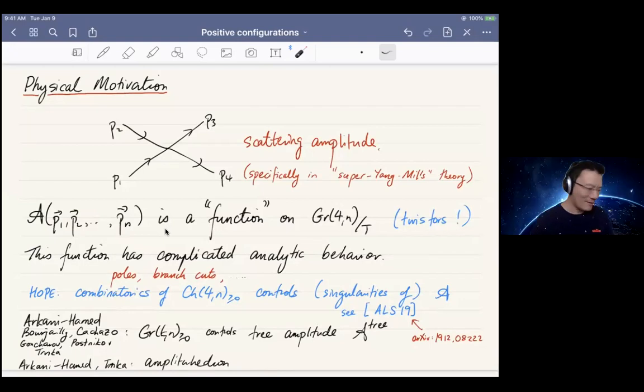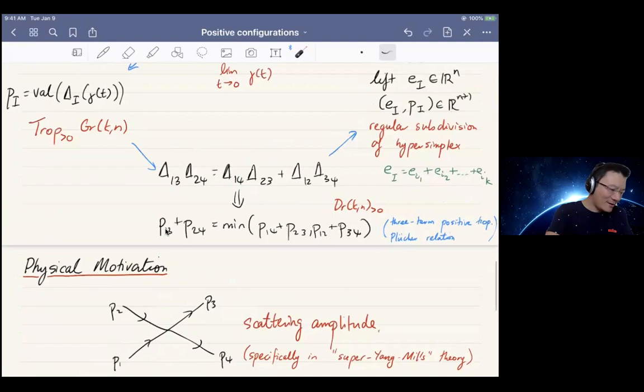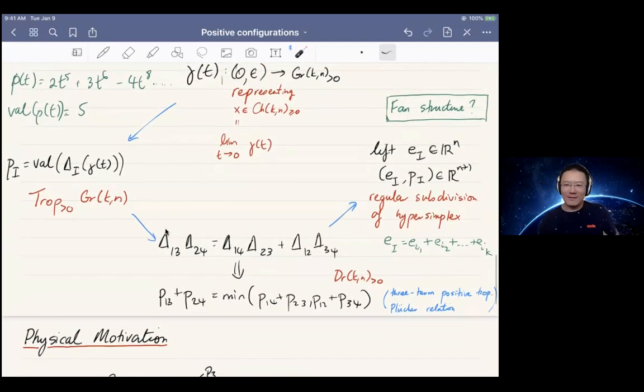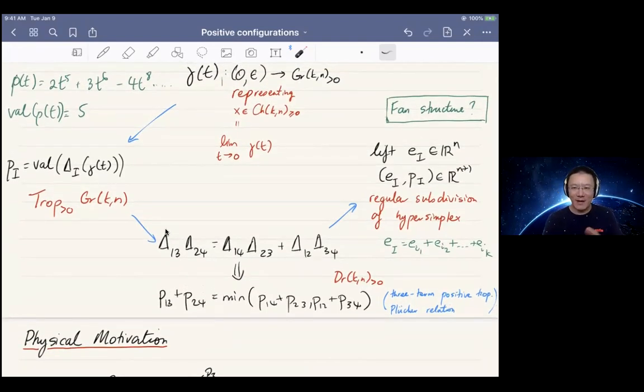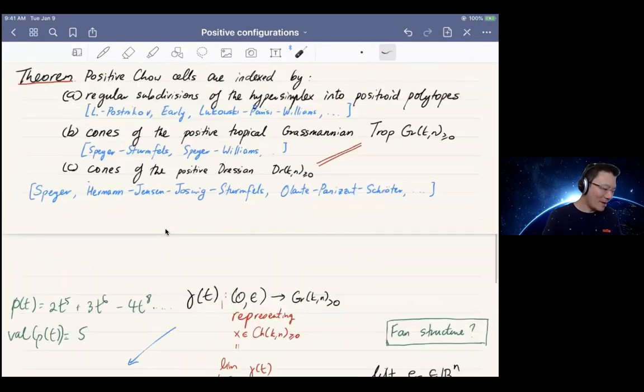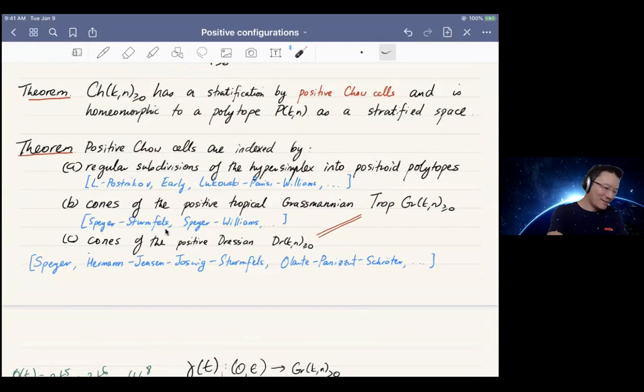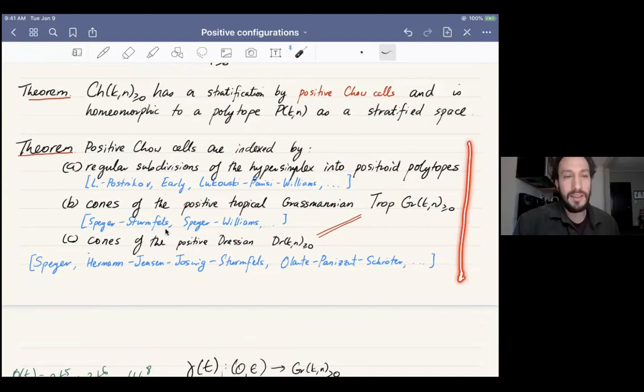You mean a matroid? So there are many points in the Grassmannian with the same matroid. If you stratify the Grassmannian by matroids, it's a rather complicated stratification. The analog of that stratification is the second theorem, but that's the positive case.